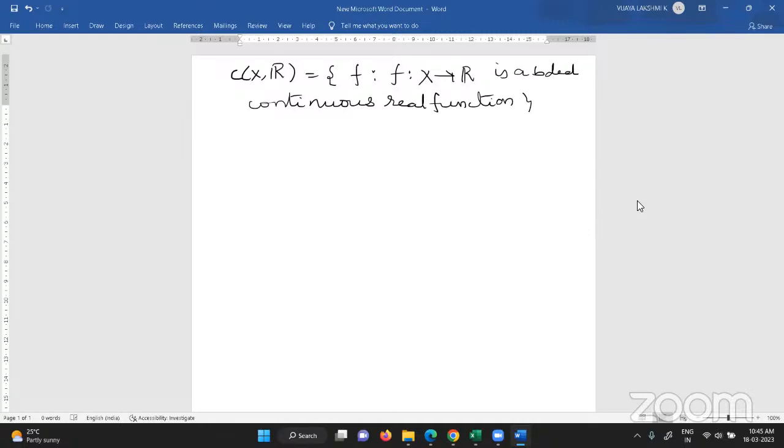How do you define join and meet? We define f join g at x is equal to the maximum of f of x comma g of x. And f meet g at x as the minimum of f of x and g of x. These are only the notations which we are going to use. So here first lemma we will see.